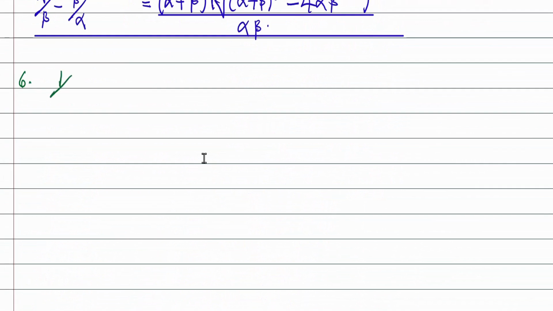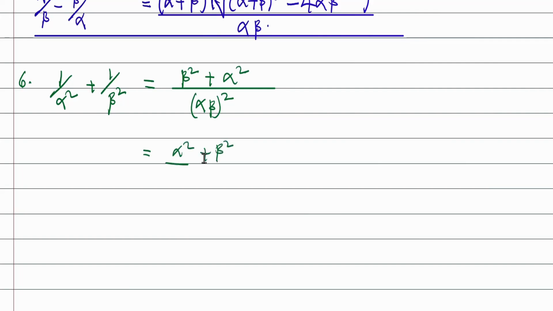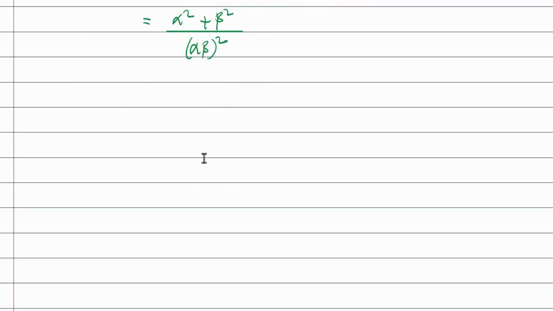Let's cross check. So it is 1 out of alpha squared plus 1 out of beta squared. So in here, the LCM is alpha beta, the whole of it squared. And as we divide, here we are going to get beta squared plus alpha squared. And this is the same as having alpha squared plus beta squared divided by alpha beta, the whole of it squared.